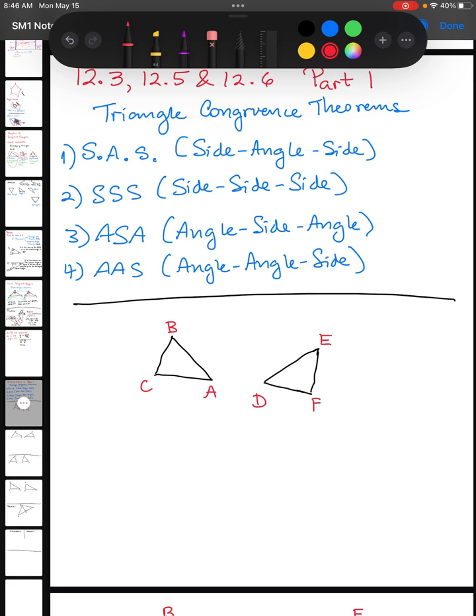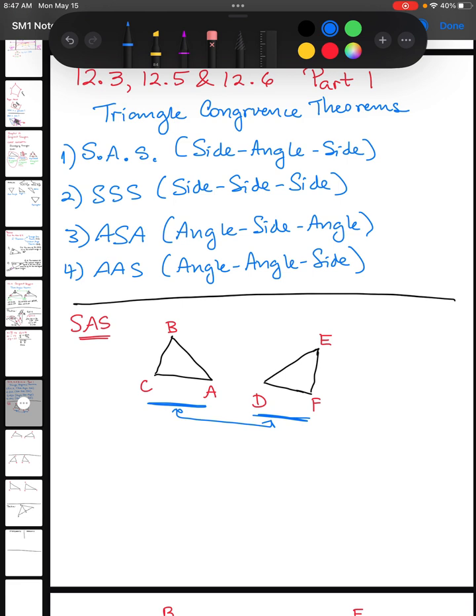Okay, so let's begin with explaining theorem number one. We're going to see how to understand what SAS means. So as I told you, if you look at these two triangles, they look really similar, but we don't know yet that they are congruent. This is what I'm going to start doing. Hopefully you can see that, for example, segment CA and segment DF are, remember the word, corresponding, so they are occupying the same place or position in each triangle.